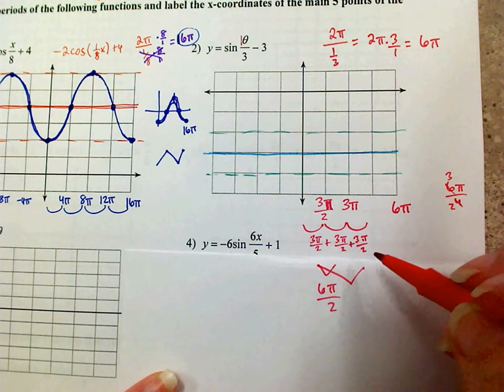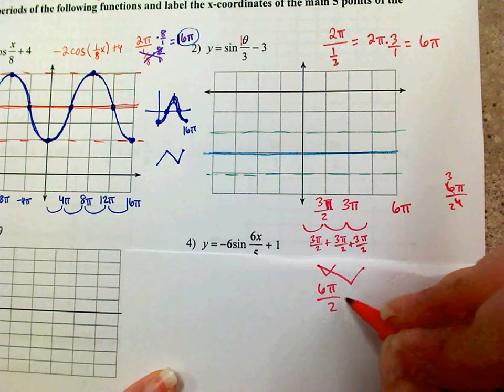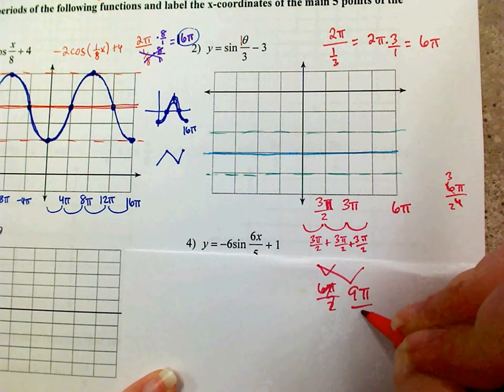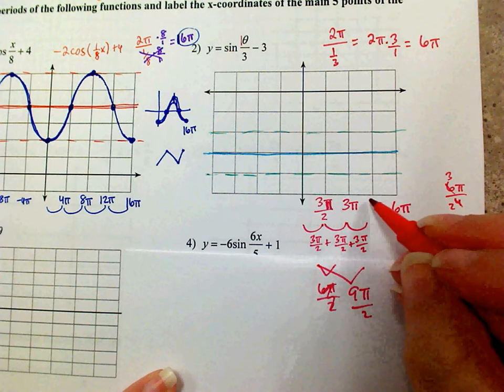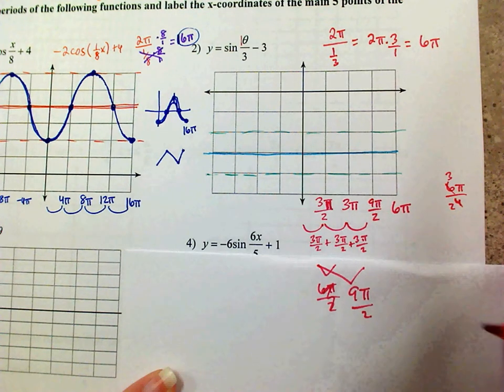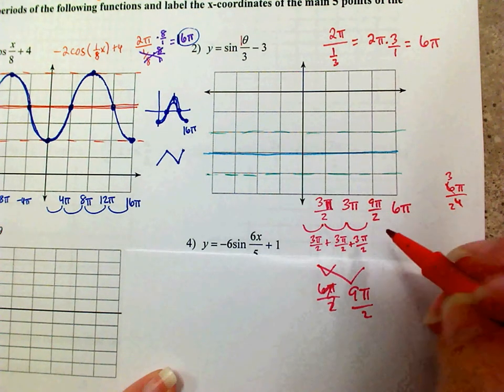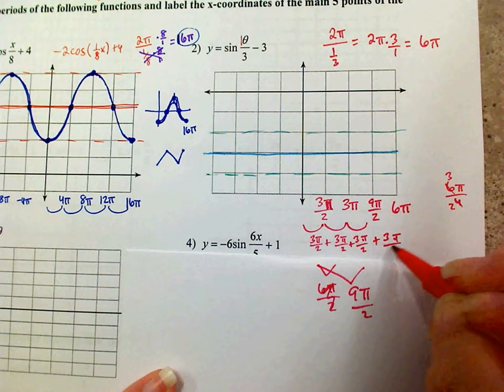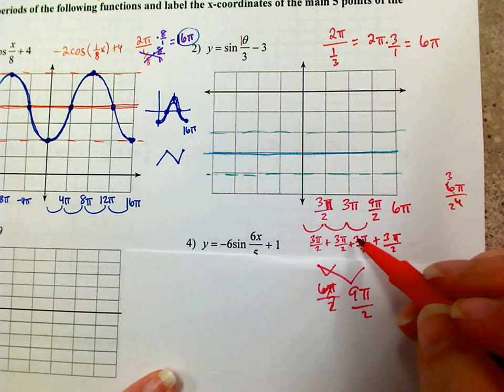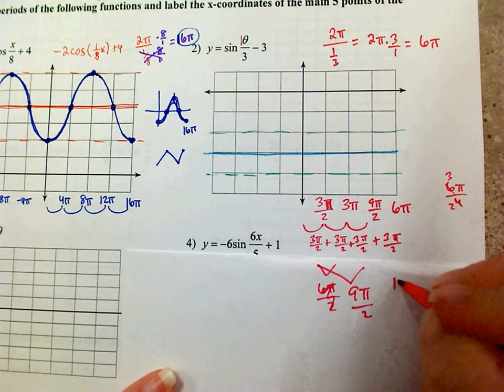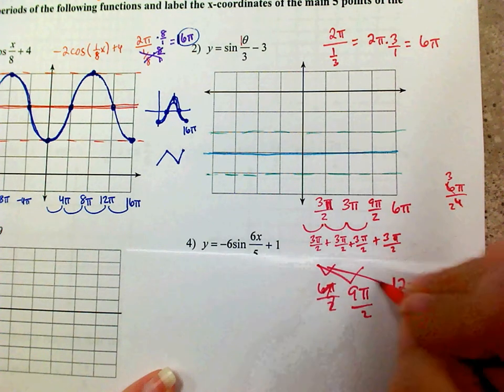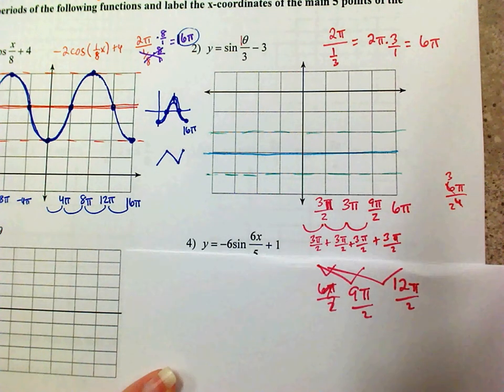You only add the numerators. That is 9 pi over 2, and 9 pi over 2 doesn't simplify, so there we go. And then plus another 3 pi over 2, just to see if it makes sense: 3 plus 3 plus 3 plus 3 is 12 pi over 2 for the whole thing. And 12 divided by 2 is 6. So we know we're good.